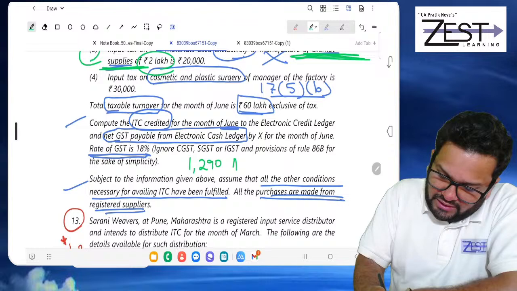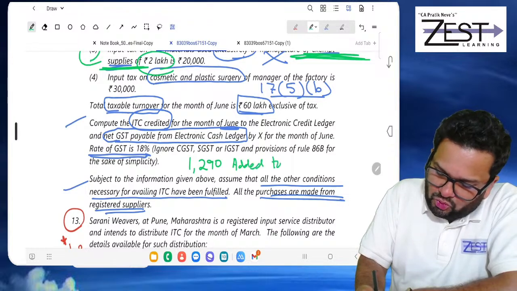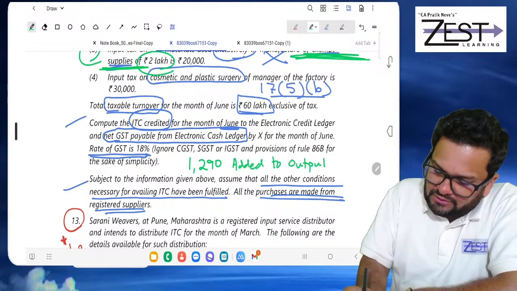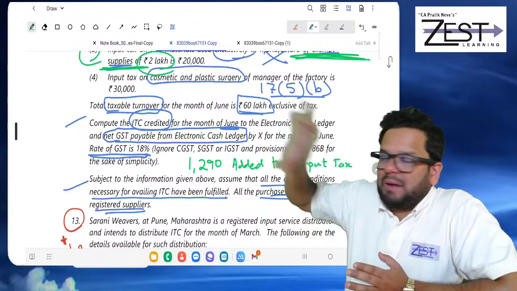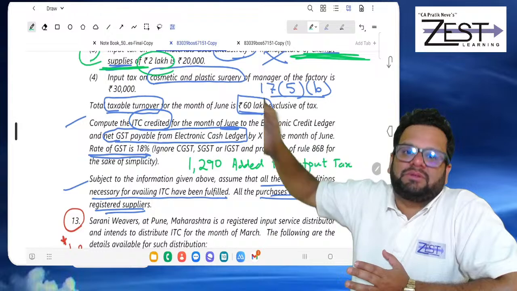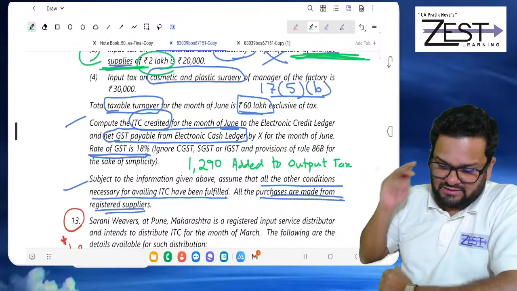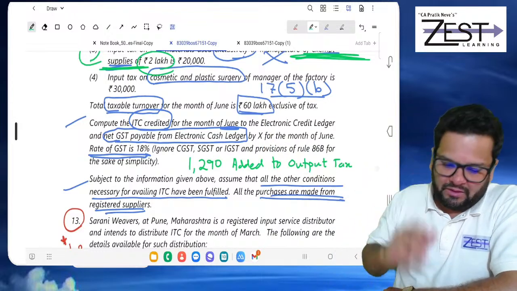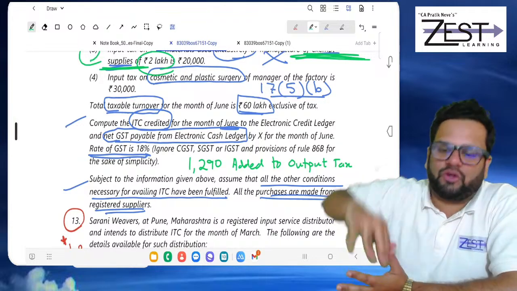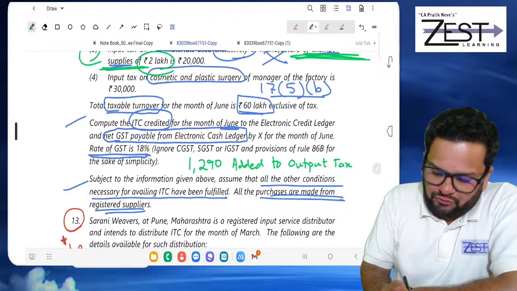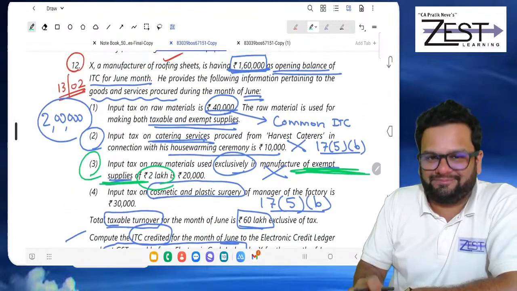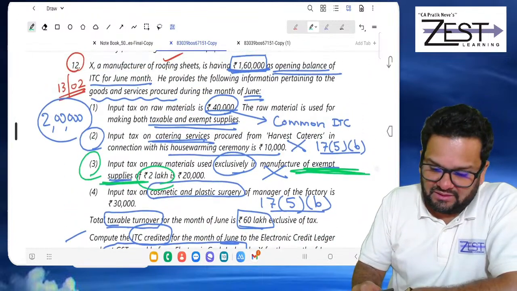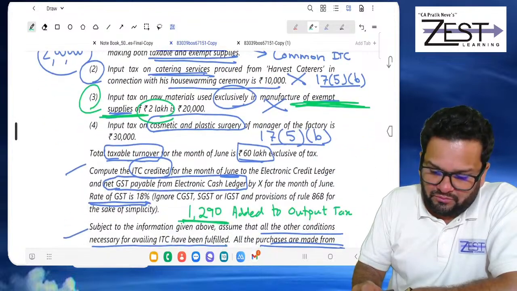So 1290 should be added to output tax because 1290 relates to that part which is exempt. Yes, all of you understood now? Means in your e-credit ledger you took 40,000, but out of that 40,000, 1290 should not be allowed.